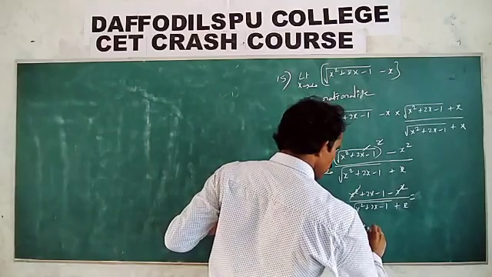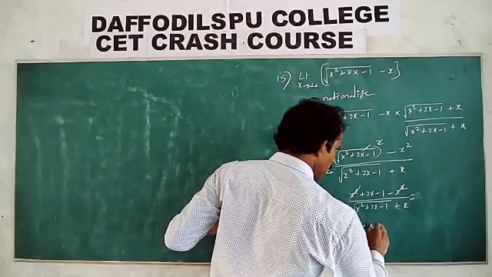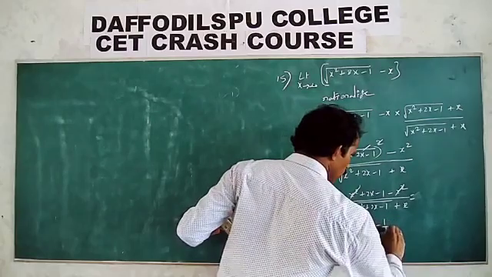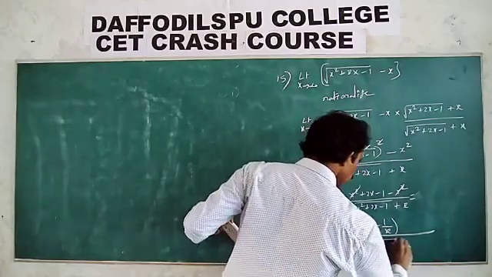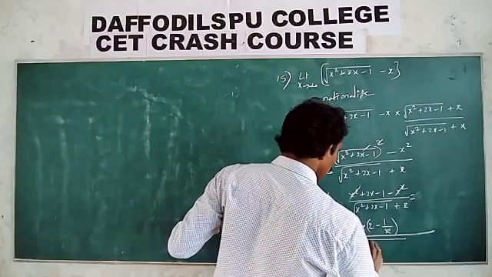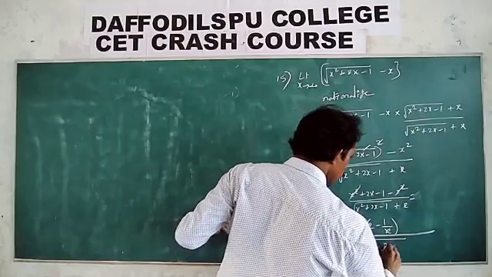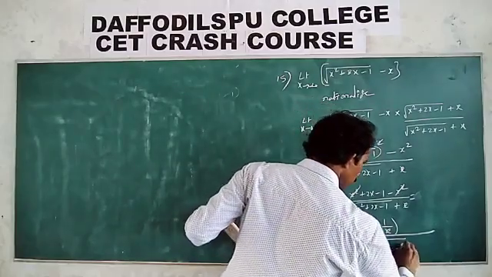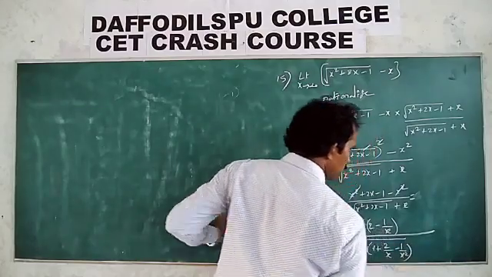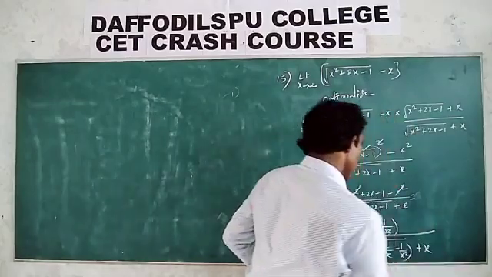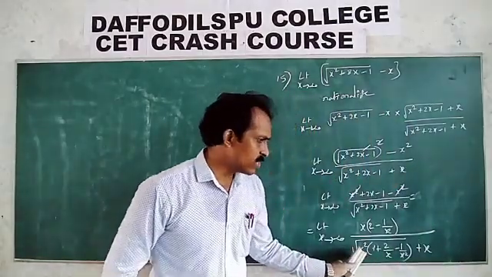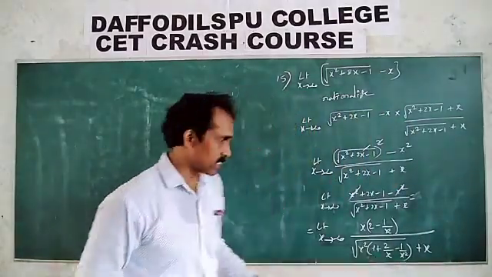In the numerator, take x common: 2 minus 1 by x. In the denominator, inside the root, first of all take x square common, which gives 1 plus 2 by x minus 1 by x square. After taking common, the root outside gives x, plus x.